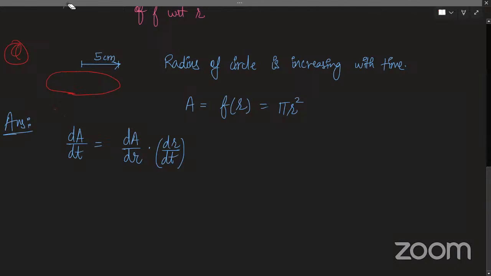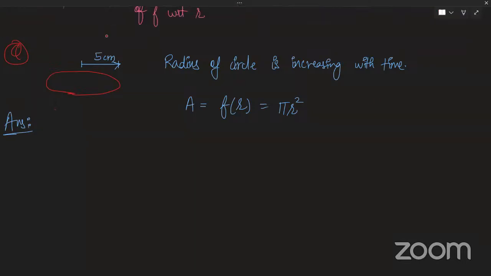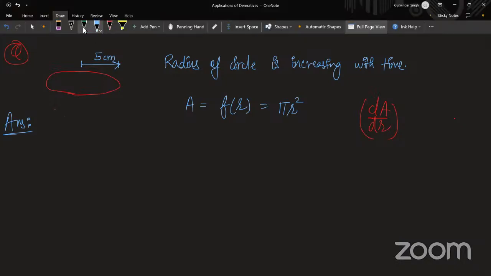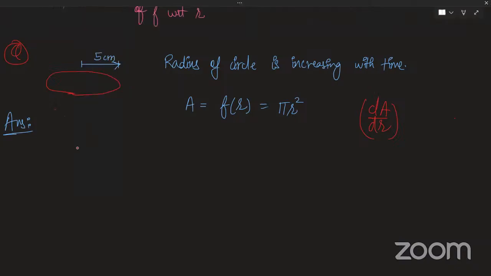Let us start with easy question first. So it is just asking you what is the value of dA by dr at r is equal to 5 centimeter. So just tell me the value of dA by dr. We have written our function area as a function of r. So can I calculate my dA by dr directly? dA by dr would mean d by dr of pi r square.